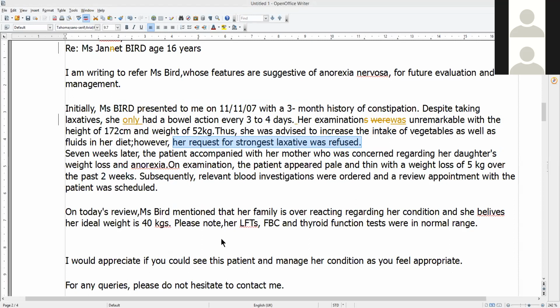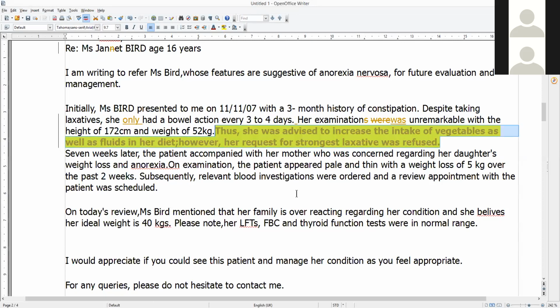So she requested a laxative, you say no, and you instead advised her to increase intake. Okay, so I changed this order around a little. She requested a laxative, you turned it down, and instead she was advised. Yeah, so change the word order in that.